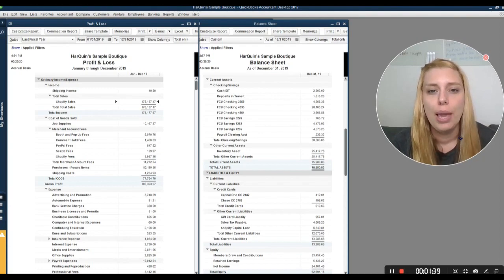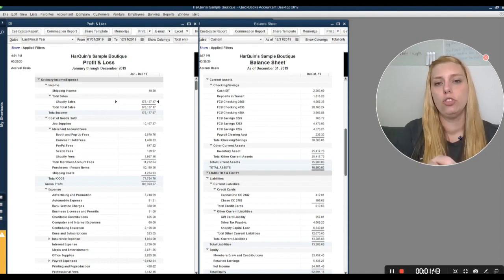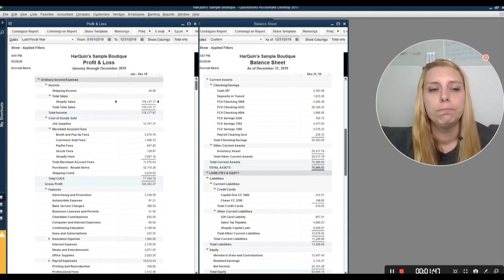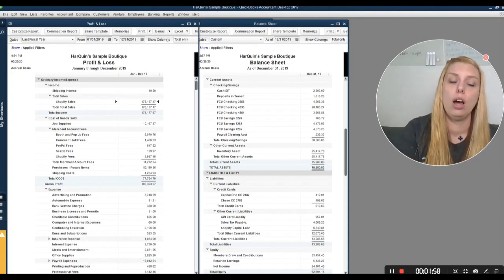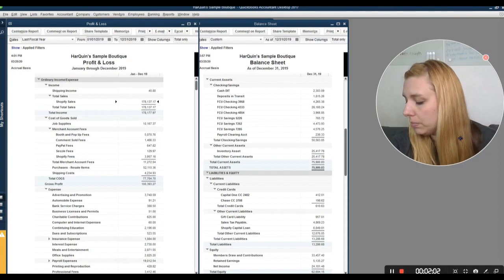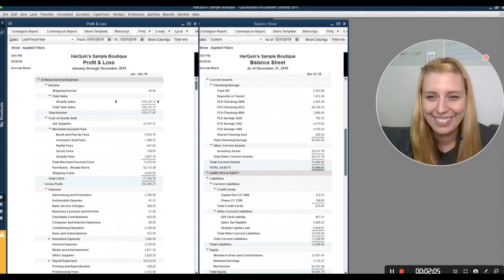In the QuickBooks Online version, you can't compare two reports like this, so it's just easier for training. And also, if you're a HarQuin boutique bookkeeping client, you already have access to this because you can have access to our cloud, which hosts the desktop version of QuickBooks on the internet. So yeah, let's proceed.